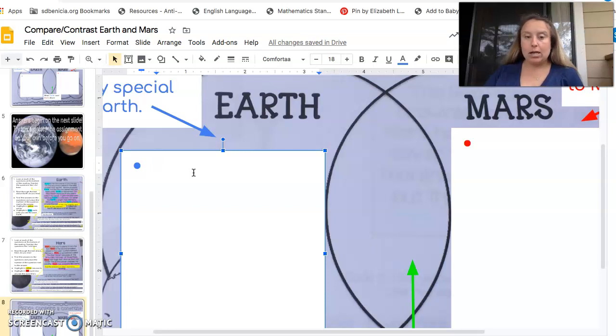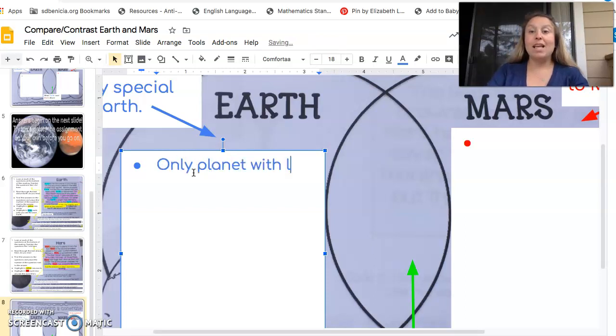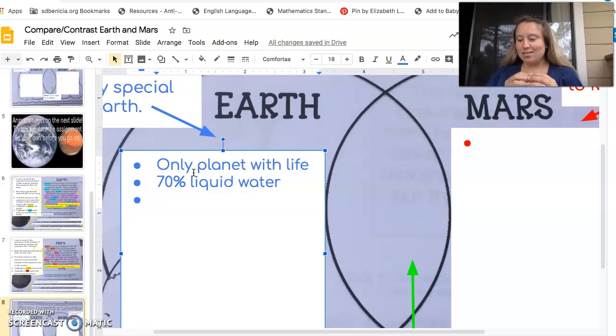So one of the things that I noticed is that this is the only planet with life. It is. It's the only planet with life. Okay? Our Earth is 70% liquid water. A lot of that is ocean, right?